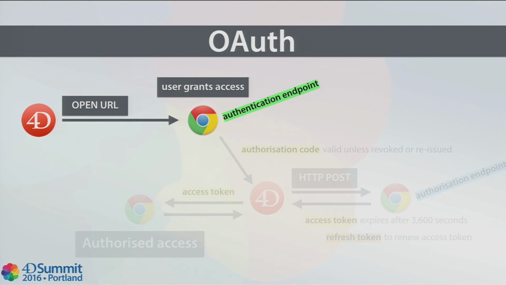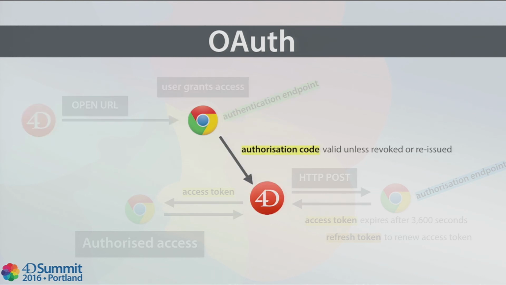So at this point, a browser is involved. And because the user is already logged in, or they are forced to log in at this point to Google, the application doesn't have to save the username or the password of that user. That information is still under the control of the user. The application just doesn't have to know.